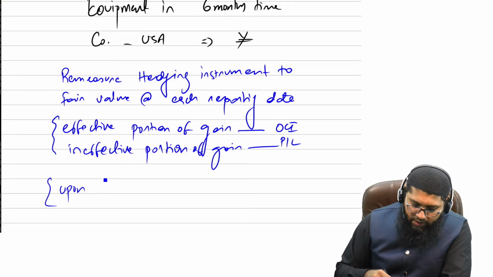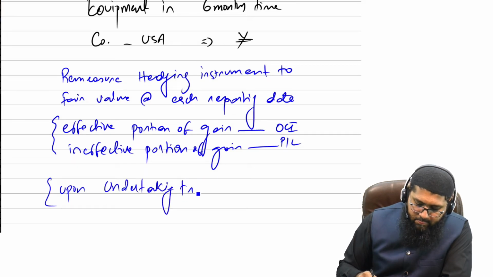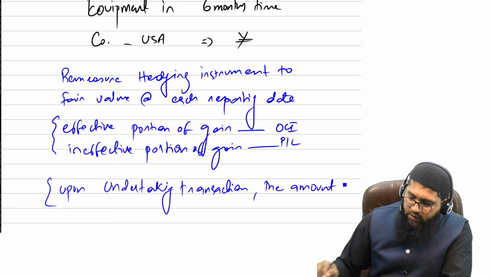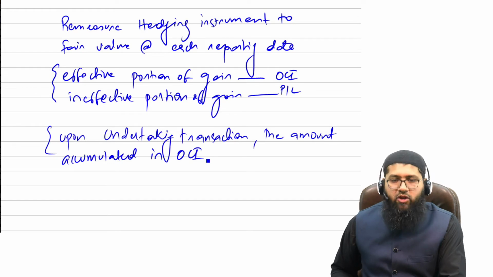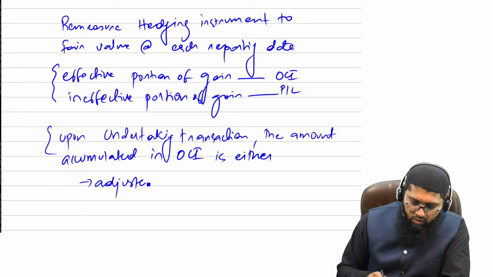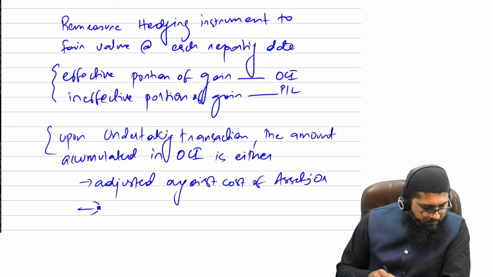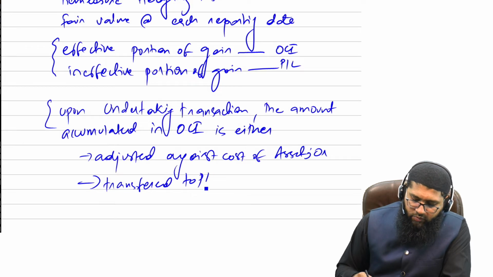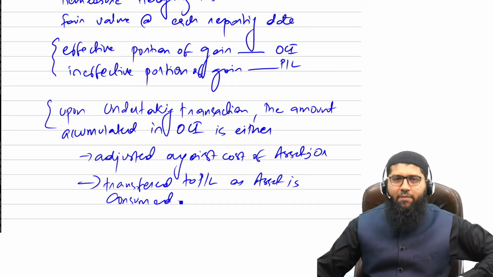Furthermore, upon undertaking the transaction, the amount accumulated in OCI is either adjusted against the cost of the asset or transferred to P&L as the asset is consumed. So let me just guide you a bit.